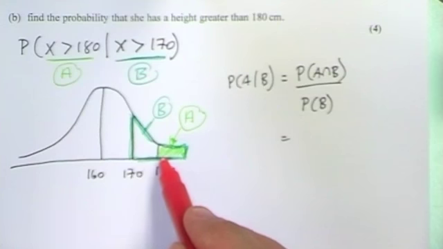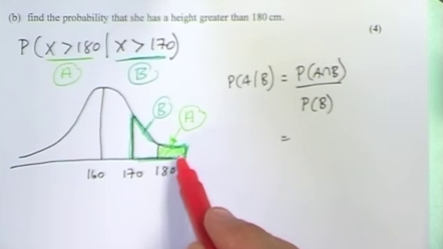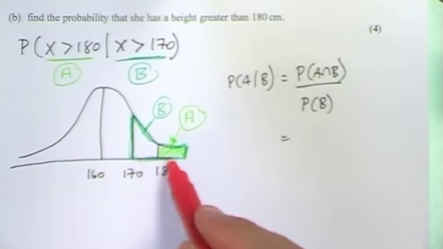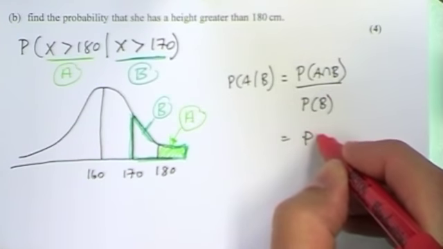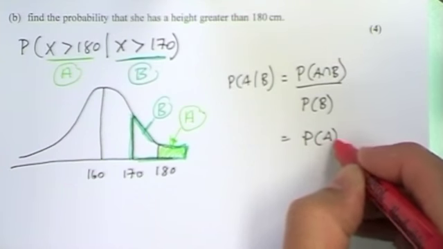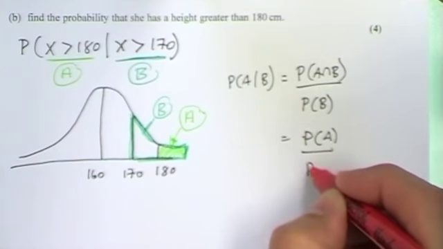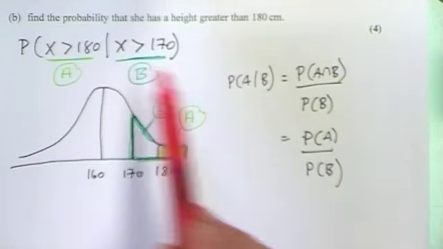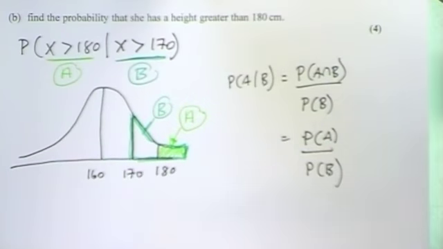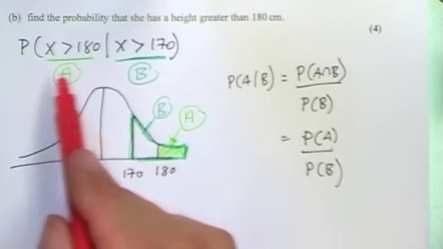All the values greater than 180 must all be greater than 170. So the probability of A intersection B is just the probability of A, and that's divided by the probability of B. So that is the probability of being greater than 180 divided by the probability of being greater than 170.